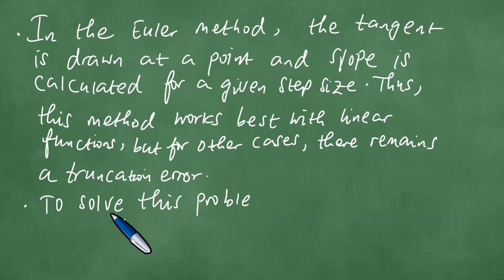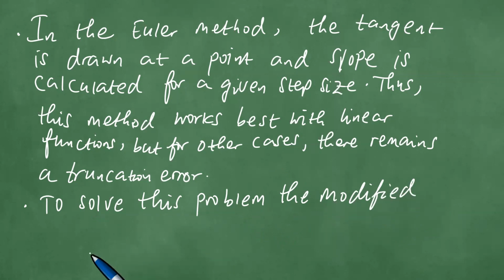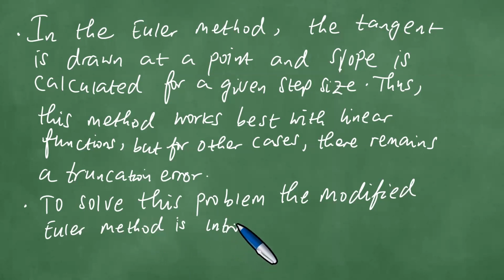Right, so to solve this problem of the truncation error, the modified Euler method is introduced. It's common in literature to just call it Euler method, modified Euler method, than just Euler's method, like Taylor method than Taylor's method.